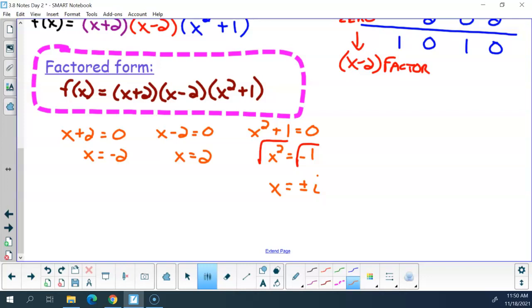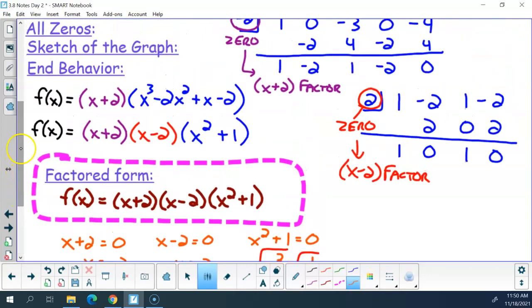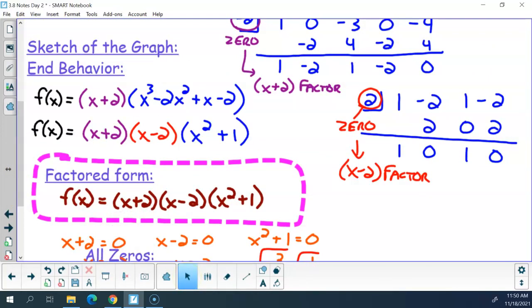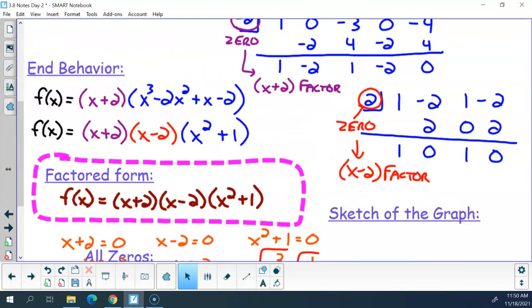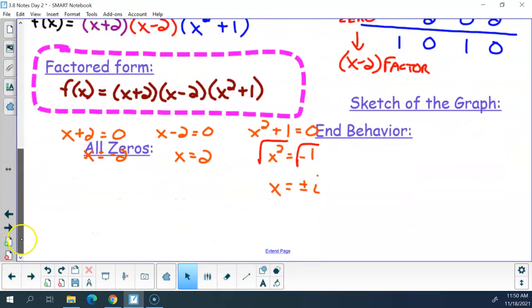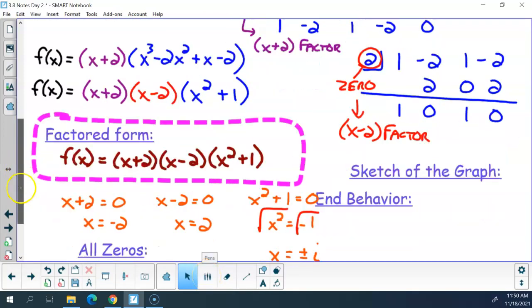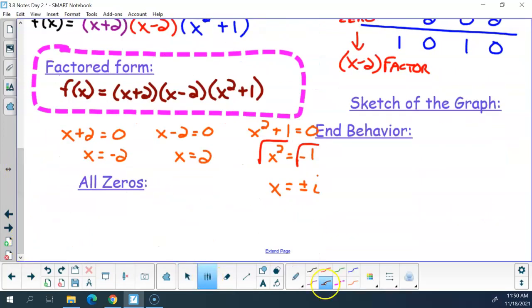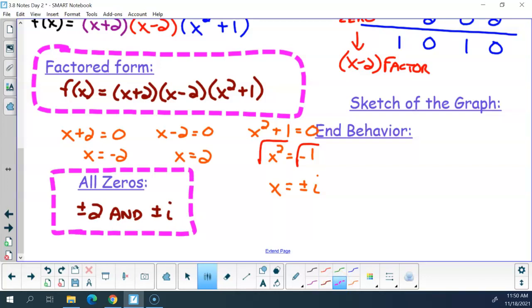So all of my zeros are plus and minus 2 and plus and minus i.